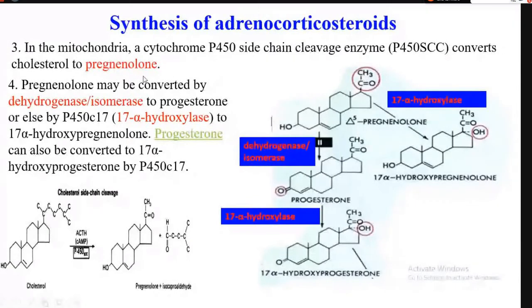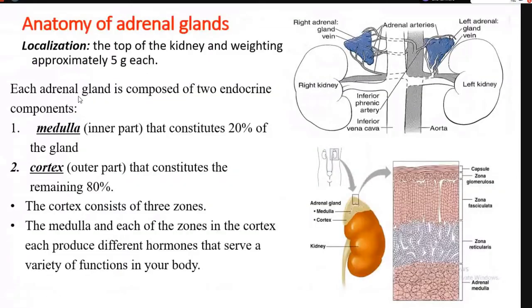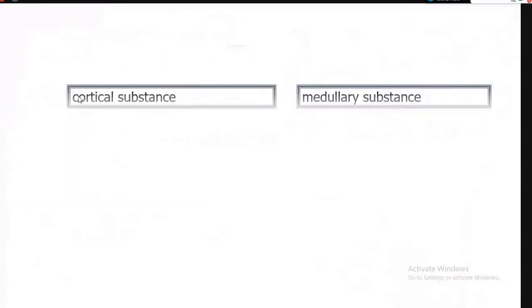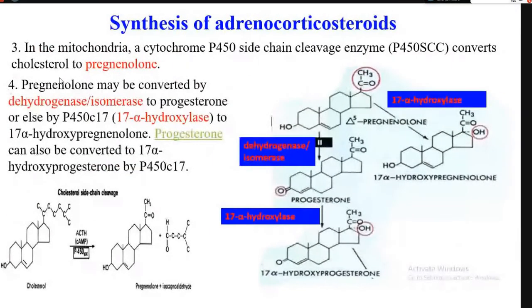Then pregnenolone may be converted by dehydrogenase isomerase to progesterone. Pregnenolone is changed by dehydrogenase isomerase into progesterone.